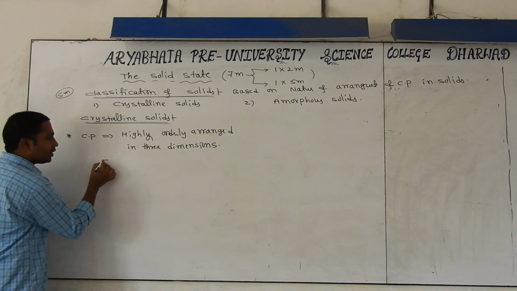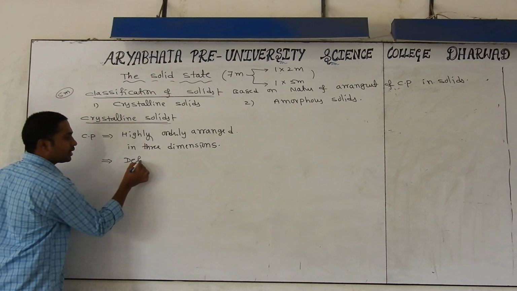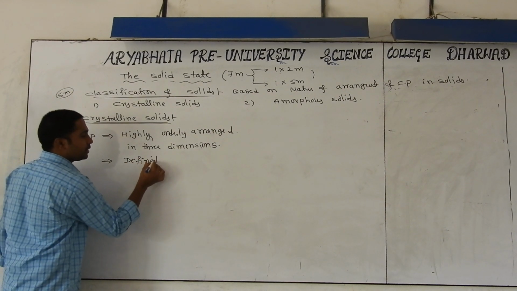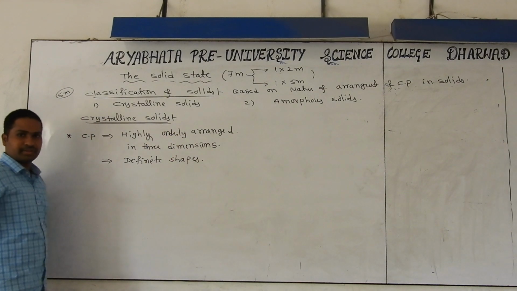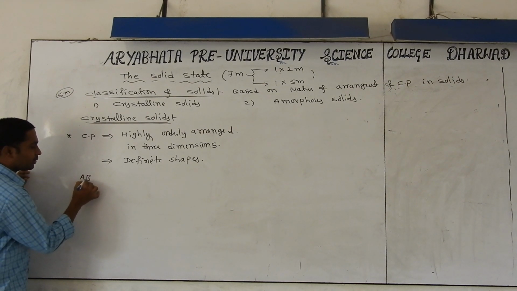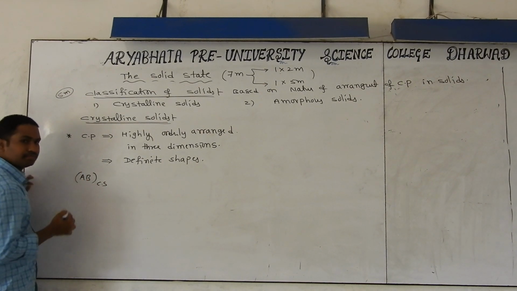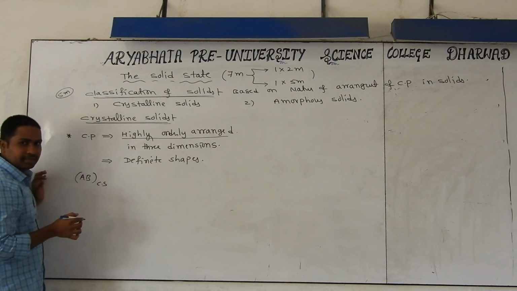Due to the highly ordered arrangement of the constituent particles, they have definite shapes. I will give you one example. Take AB as a crystalline solid. What is the meaning of highly ordered arrangement?